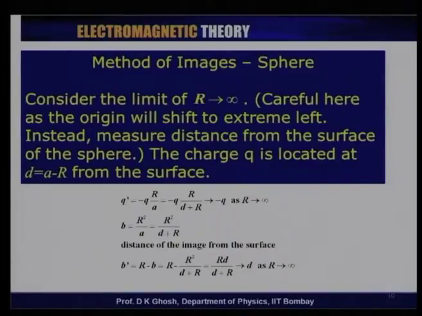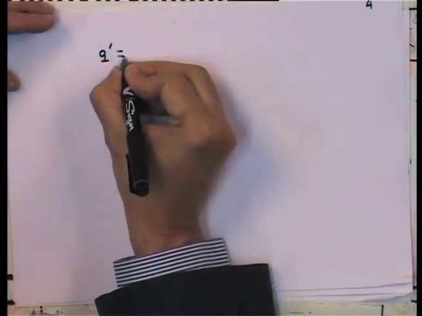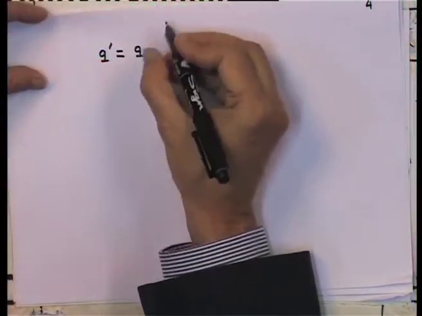The reason is that as you increase the radius, the origin from which I measure all my distances actually shifts to the extreme left, and as a result the distances all become very large. So, what we need to do is to convert this by measuring distances not from the origin, but from the surface of the sphere. So, look at that. Let me say q prime, which we saw was q times r by a.